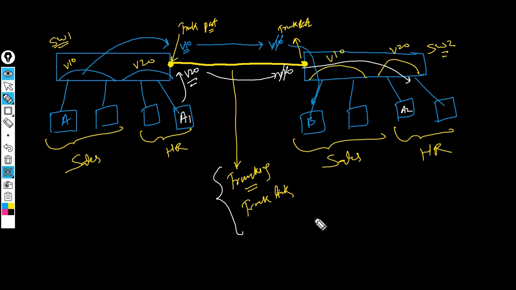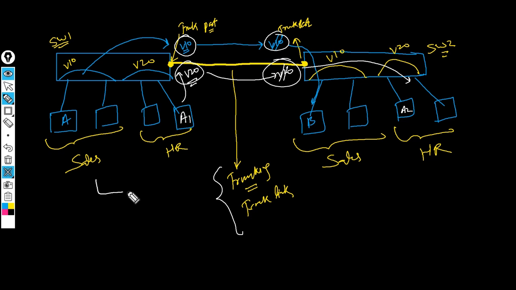And this is the process of your trunk and trunking encapsulation protocol. To do this tagging, untagging, tagging, untagging, we will be using some protocol, and that protocol is considered as trunking protocol. So what is trunk? It should be clear now.